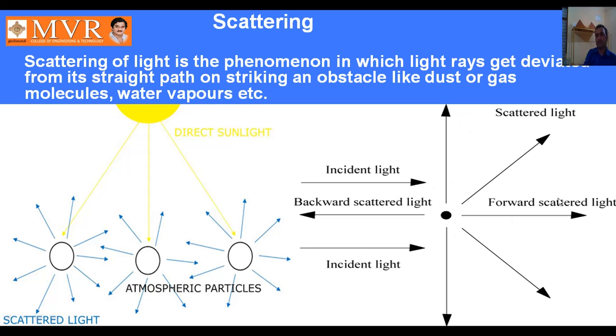This is scattering. What is scattering? It changes its original path in any direction. Some radiation is scattered forward, some in the negative x direction, some in any direction, scattered in all directions.